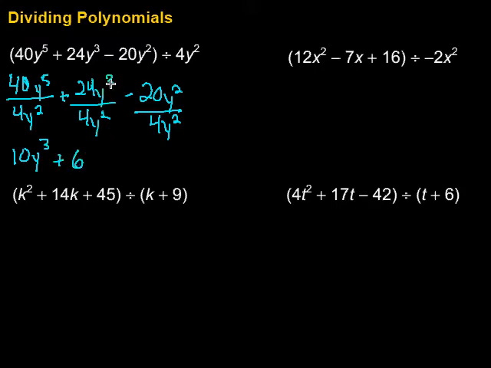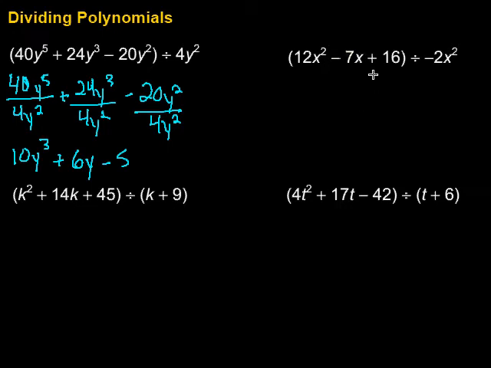And again, simplifying those exponents, 3 minus 2 is 1. There's going to be 1 left over on top. And then here we have negative 20 divided by 4. It's going to give us negative 5. We've got y squared on top, y squared on the bottom. Those will cancel out. So this thing divided by that gives us that trinomial right there.